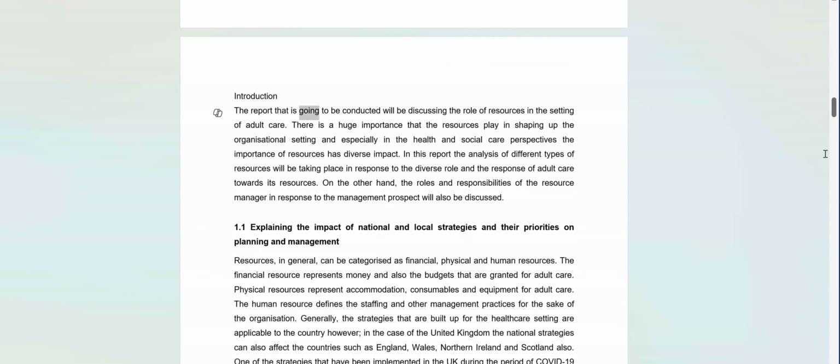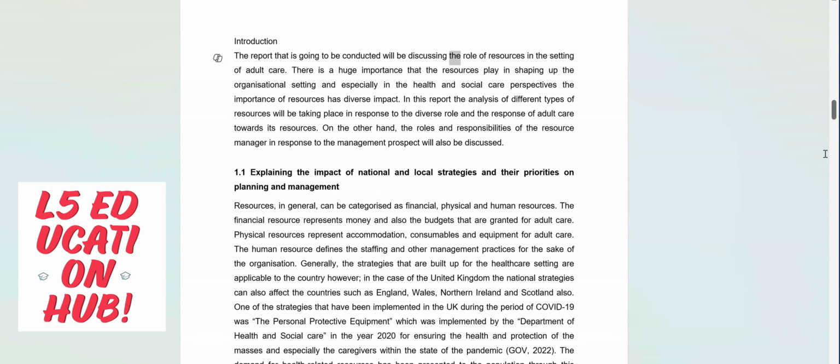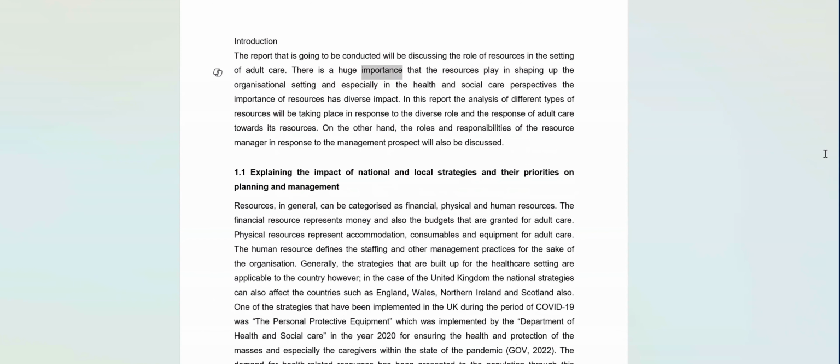Unit 3, DILMAC 7A Resource Management in Adult Care. Introduction. The report that is going to be conducted will be discussing the role of resources in the setting of adult care. There is a huge importance that the resources play in shaping up the organizational setting, and especially in the health and social care perspectives, the importance of resources has diverse impact.